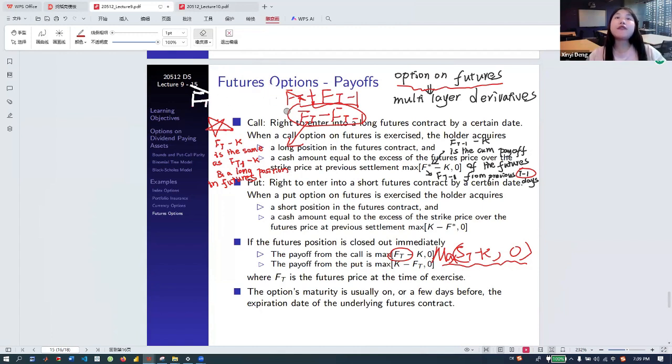If you combine the two subpoints of the first bullet point, a long position in the futures contract with that cash payment of F_{T-1} minus K, it's effectively just F_T minus K, the same as cash settlement only, without any physical delivery value. The F star here is just F_{T-1}.